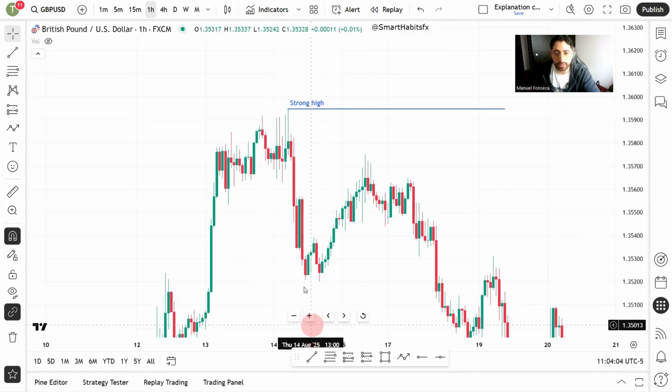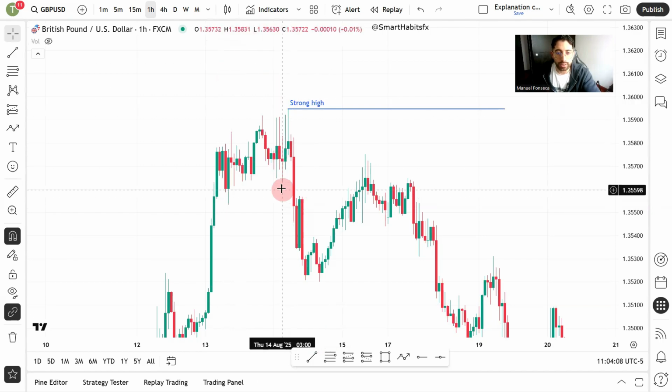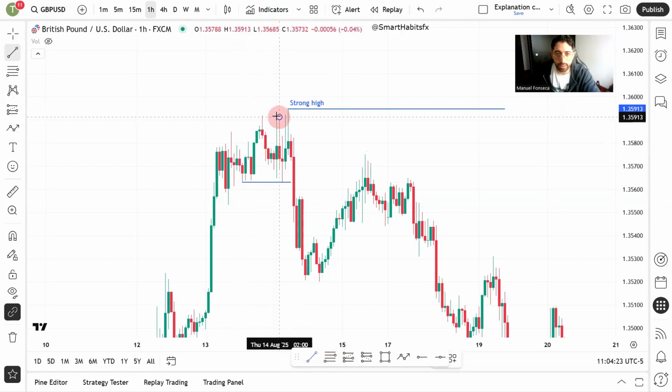Remember that prior to this strong high there must be a swing low, which is this one, the lowest part of the market, and then a swing high. So this is the swing high.